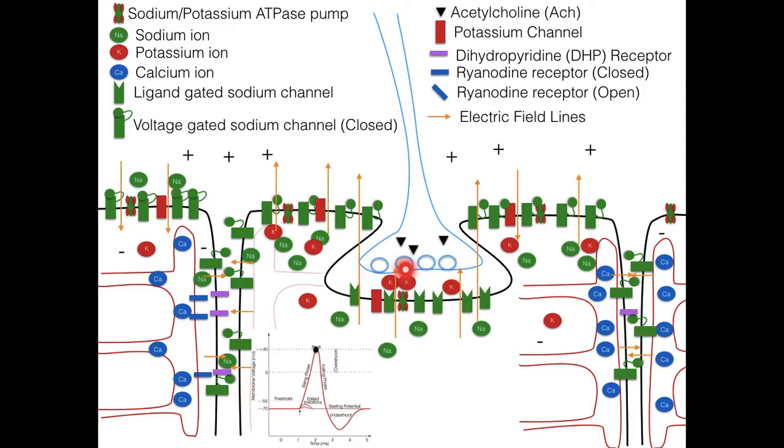And they start flowing outwards again, starting at the synapse. And then that reverses the electric field there, because you've got positive charge flowing out. And that closes the local voltage-gated sodium channels. And then potassium flows out.